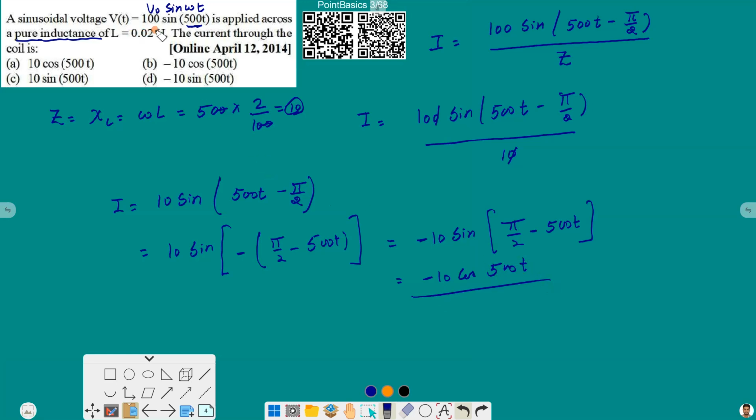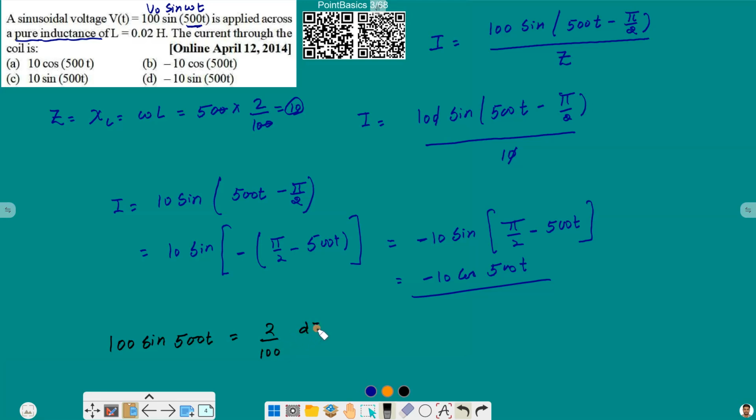We can also solve it by one more method. This is the voltage applied across the inductor, and we know that the voltage drop across the inductor is L di by dt. So 100 sin 500t is equal to L, that is 2 by 100, into di by dt.